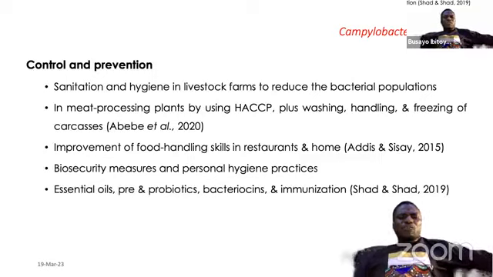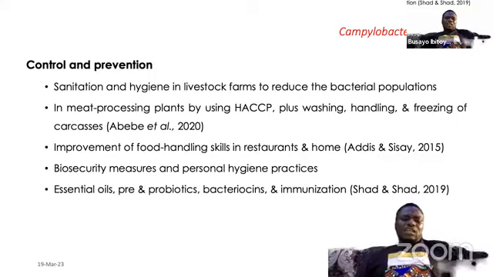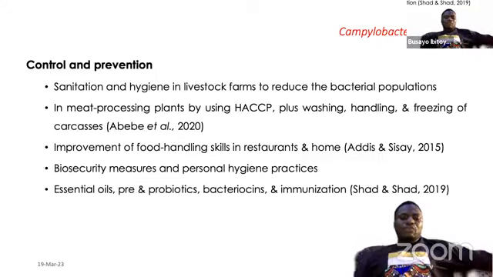Then there should be improvement of food handling skills in restaurants and homes. Many times, many restaurants and homes are careless about the way they handle food in preparation. So people at homes, at restaurants, food vendors, street vendors, should maintain a high level of hygiene. If not, they will keep furnishing these foodborne pathogens into society.